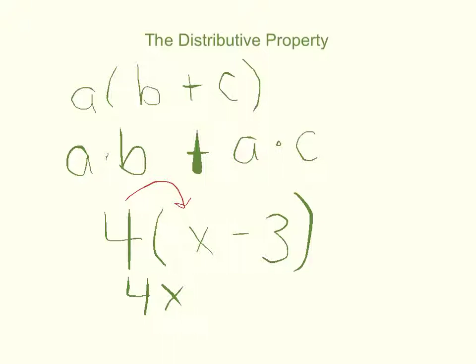And then I would take 4 and multiply it by negative 3. I know that 4 times negative 3 is negative 12. So my expression when I simplify it or remove the brackets is 4x subtract 12, or 4 times a number minus 12.